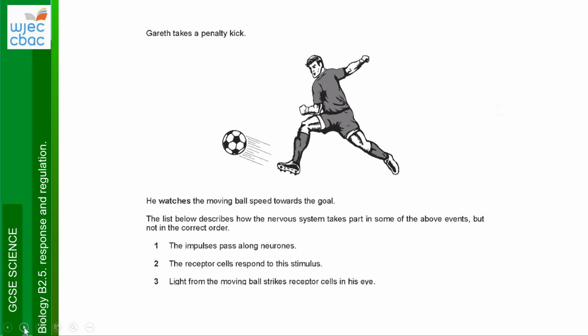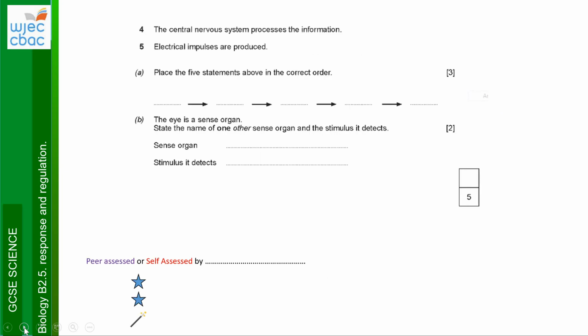We've got the impulses pass along neurons, the receptor cells respond to this stimulus, light from the moving ball strikes receptor cells in his eye, the central nervous system processes the information, and electrical impulses are produced. So the first thing you were asked to do was to place those 5 statements in the correct order.